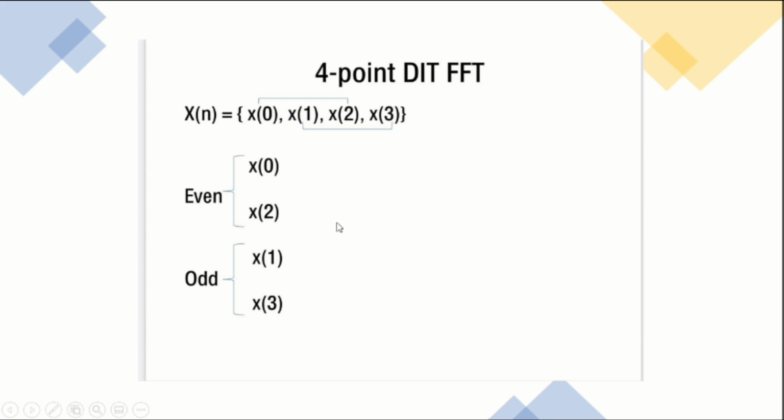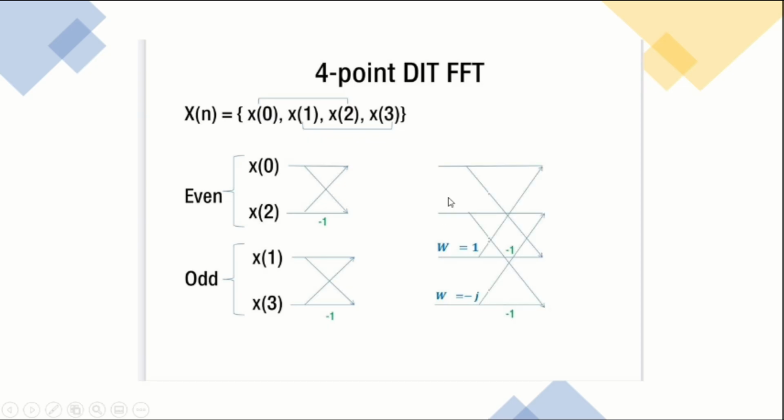There are two ways. Through the introduction of the DIT FFT, you know that there is a basic flow graph pattern. Firstly, the lines cross one time, and then they cross again.